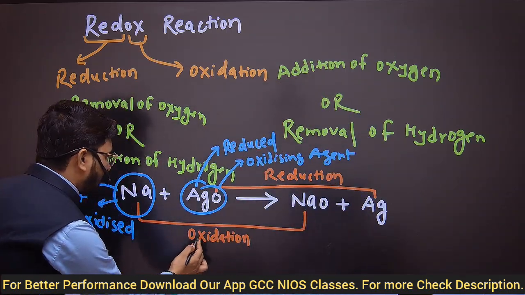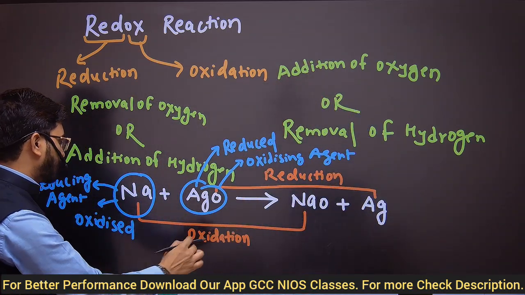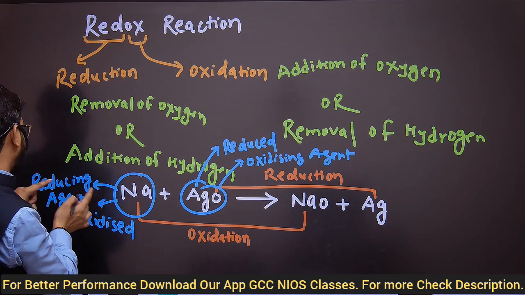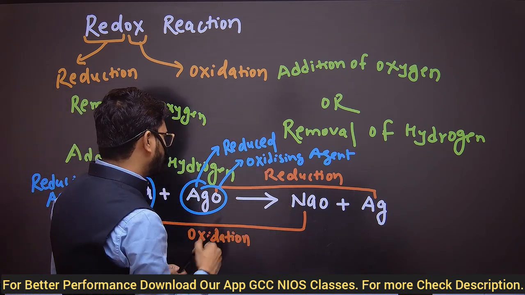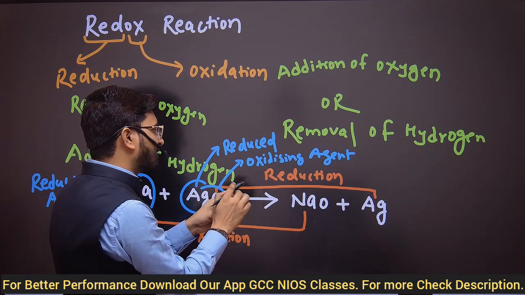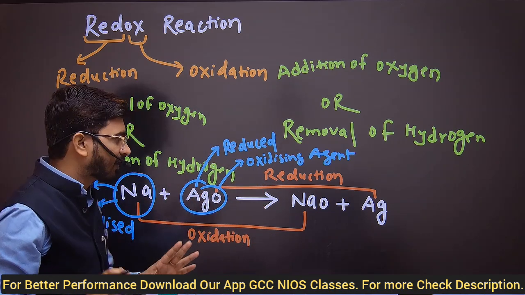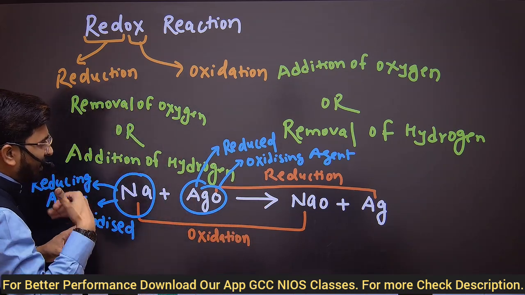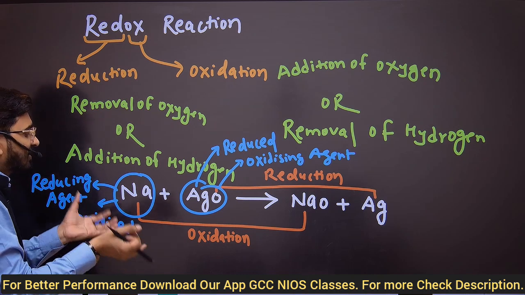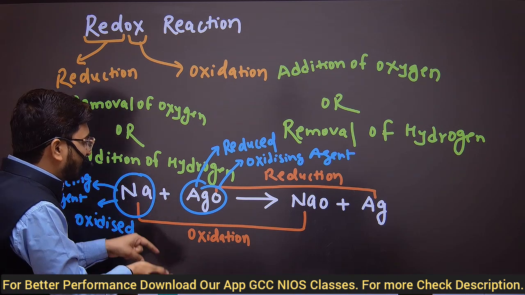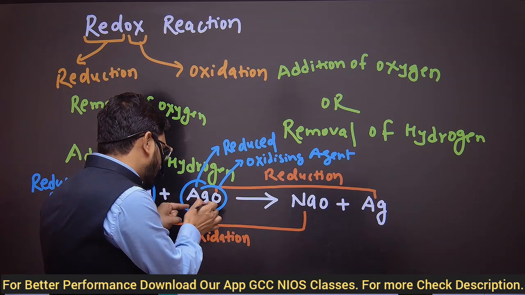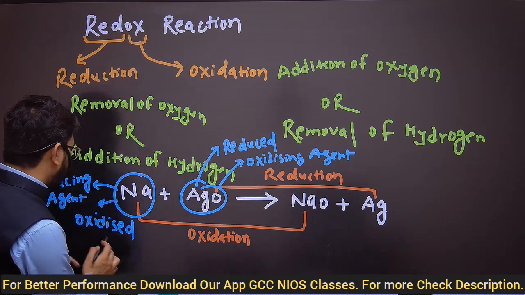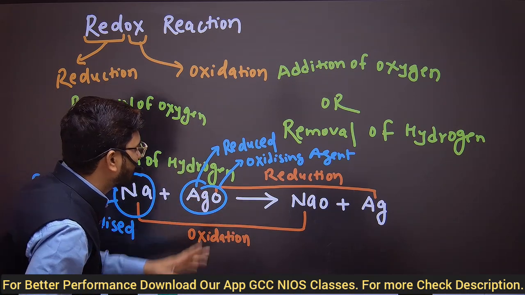For oxidation, just write the opposite in terms of agent: reducing agent. For reduction, the opposite is oxidizing agent. But when we say oxidized and reduced, oxidation occurs in sodium and reduction occurs in silver oxide. So this is called the oxidized matter, and this is known as the reduced matter.